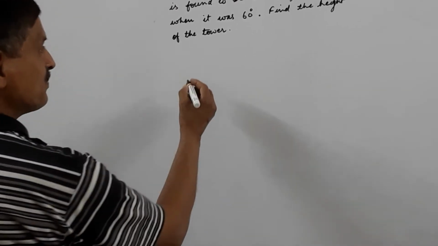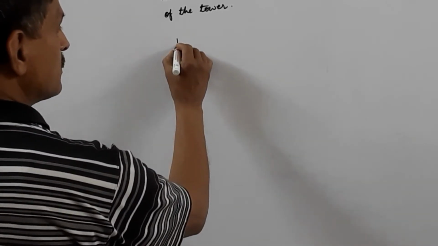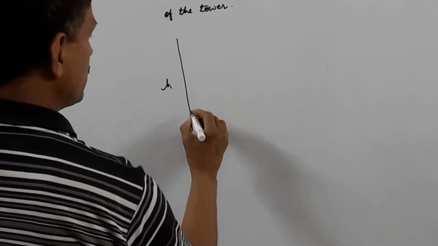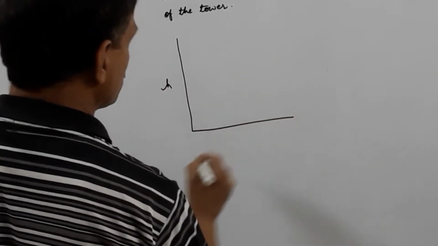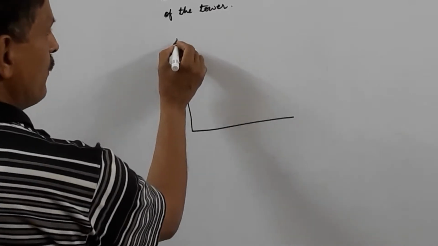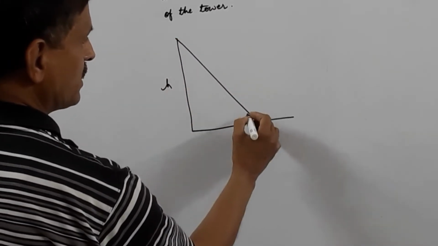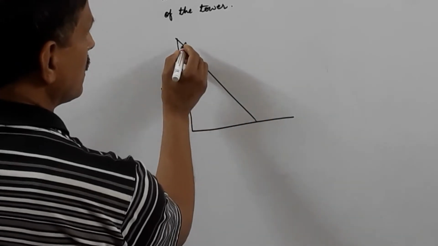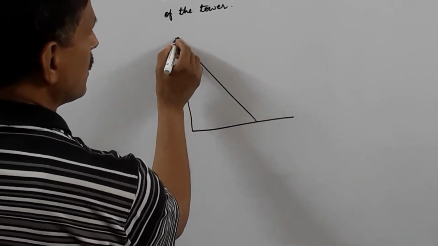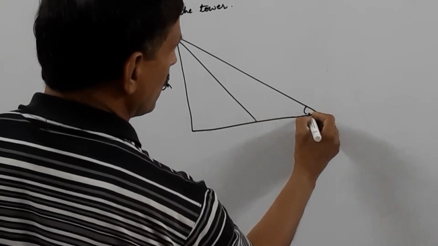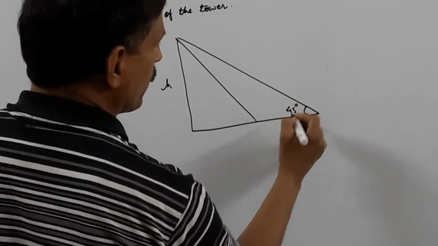We first consider the tower, a vertical tower of height h standing on the ground, and the elevation of the sun is 45 degree.